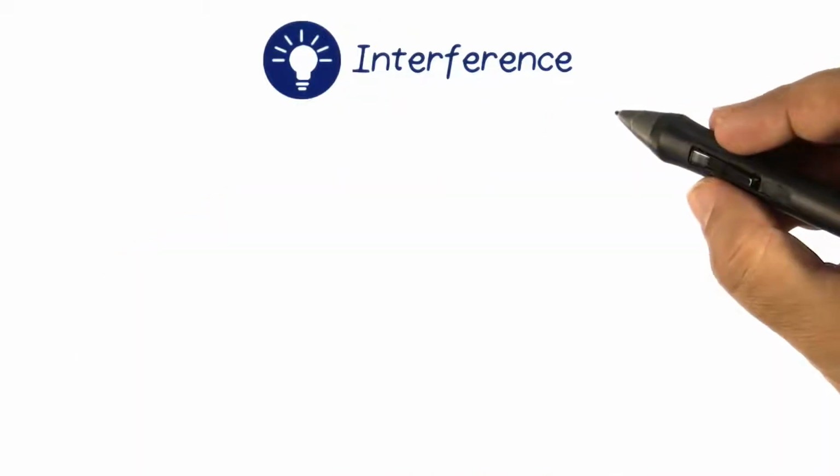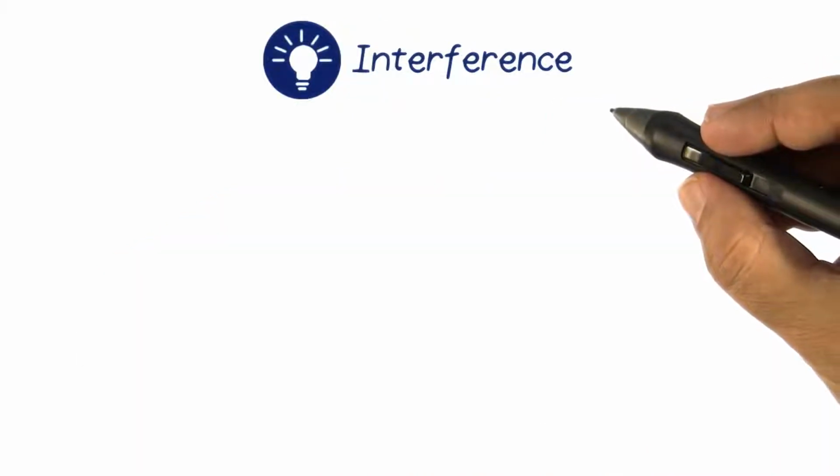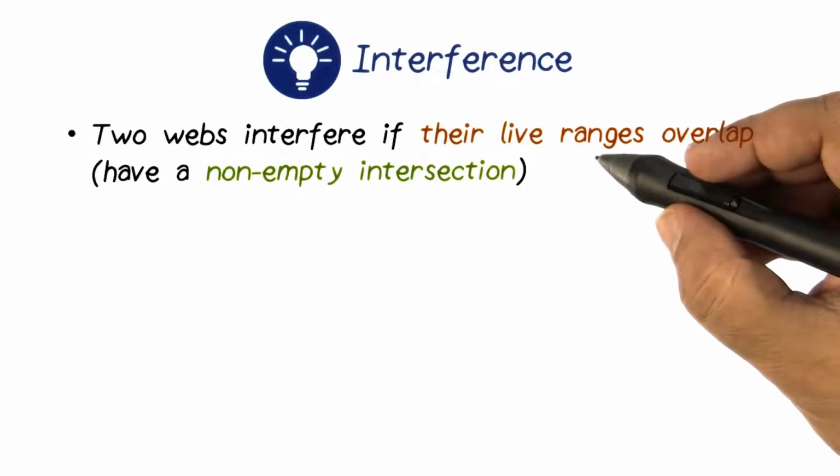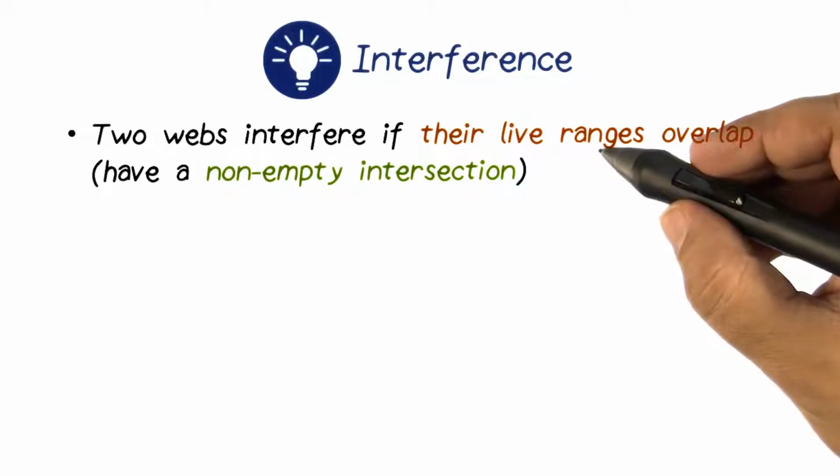Now, having determined these webs, the next step in the algorithm for register allocation is to detect their interference. As you can see through the previous example, each of the webs defines a live range, starting at the top level definitions and ending at the lowest level uses. The same definition of interference applies here as what we had looked at through the earlier example.